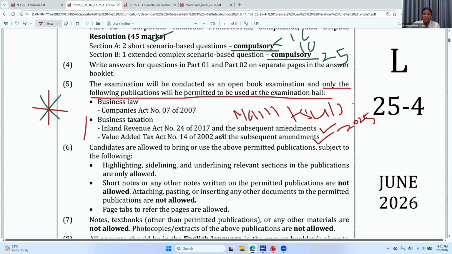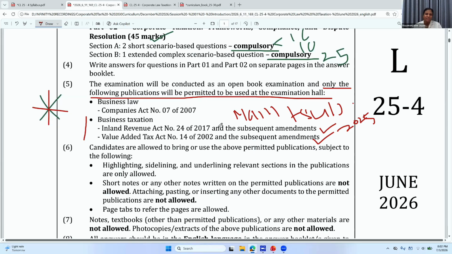For this one also, the main enactment is bundled with the amendments. Even the main enactment of the Inland Revenue Act and its amendments is bundled now. Then you have to purchase these from the government publications department, where you have to buy these things.